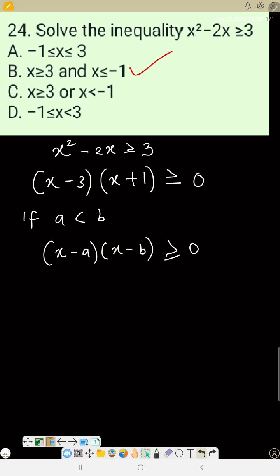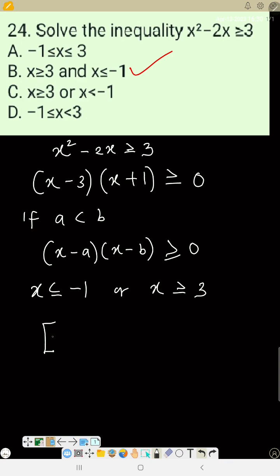And again, in another notation, s is less than or equal to minus 1, or s is greater than or equal to 3. In another notation, it means I will have an open bracket. So s is less than or equal to minus 1.